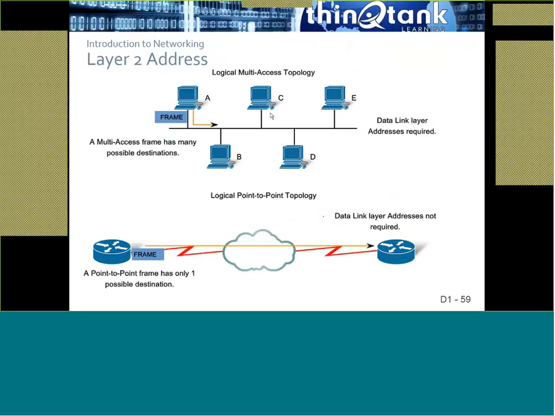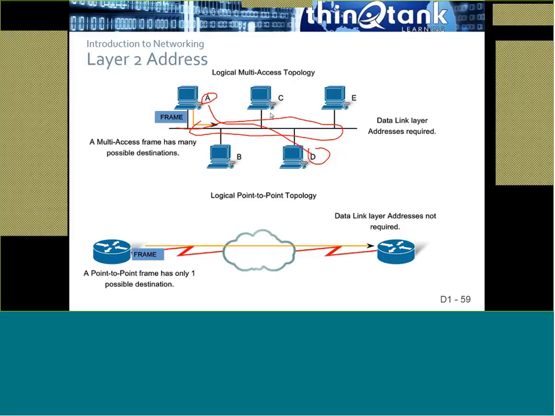Host A, host B, host C, host D, host E, anybody could be communicating. If A is talking to D, they're all connected to the same switch, so potentially A could talk to C, A could talk to E, and so on. So we have to identify specifically who the source is and who the destination is.